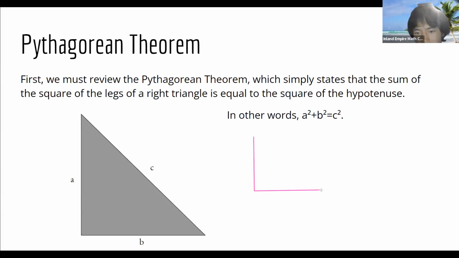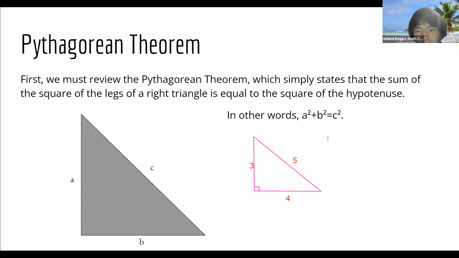Let's say I have a right triangle shaped like this. Let's say that this side length is 3, this side length is 4, and then this side length is 5. And moreover, we know that this triangle is a right triangle, so here it's a right angle.